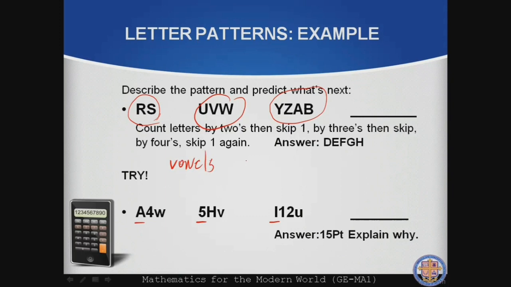So you know vowels are A, E, I, O, U. So we know A is the first letter, the fifth letter in the alphabet is E, then we need to have here O, and we know O is the 15th letter in the alphabet. You need to convert into number. That's why the answer is 15, because O is the 15th letter.